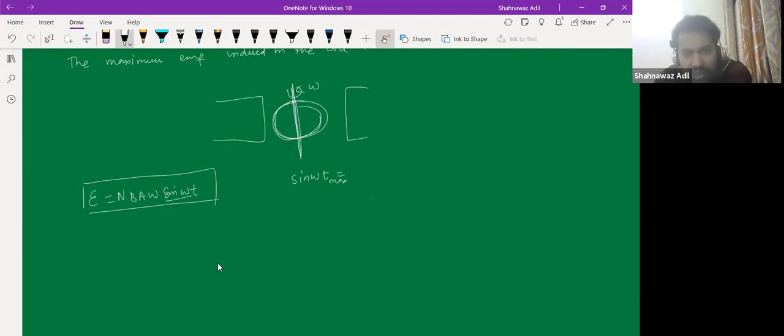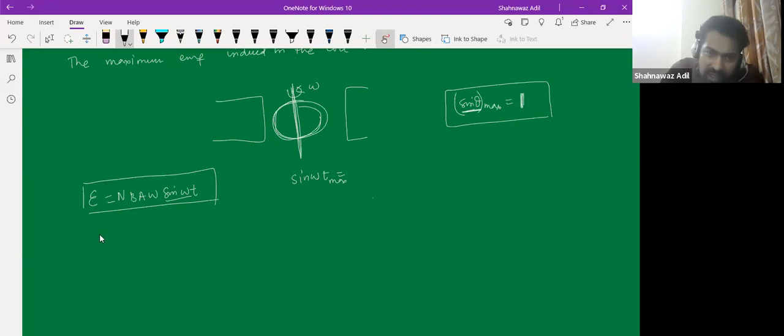Yes, sine theta is maximum at 90 degrees. The value of sine 90 will be 1. So the maximum value of sine theta is 1.